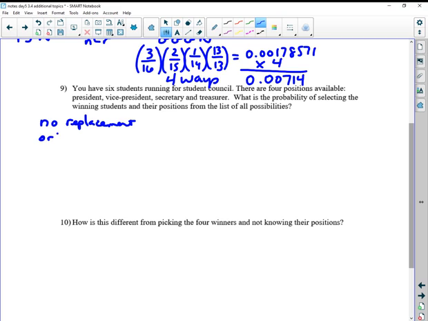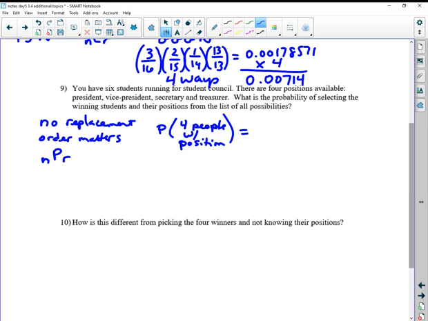And the order matters. That's an NPR situation. And so we are going to find the probability of that happening. The probability of the 4 people with position. And so let's think through how many people were there.